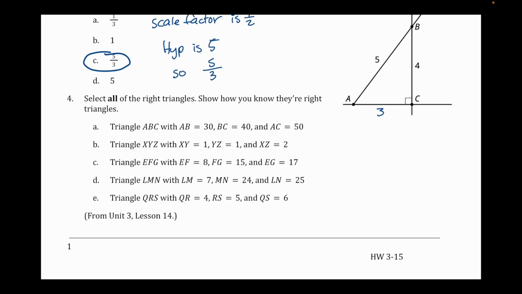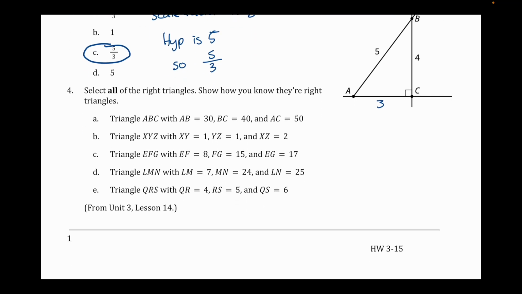Okay, for number 4, this one says select all of the right triangles and show how you know they're right triangles. We're going to do the same thing of seeing if they work with the Pythagorean theorem. But I also know that 3, 4, and 5 is a Pythagorean triple, right? So 3, 4, 5.